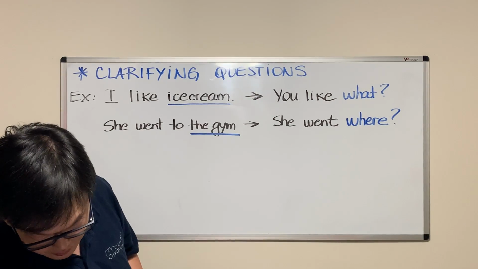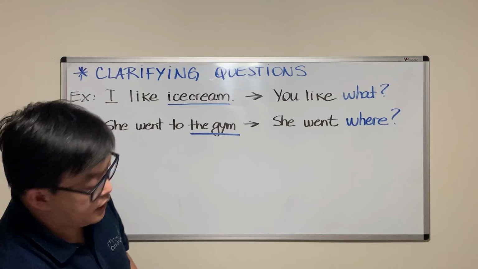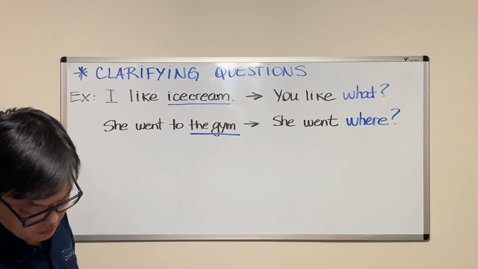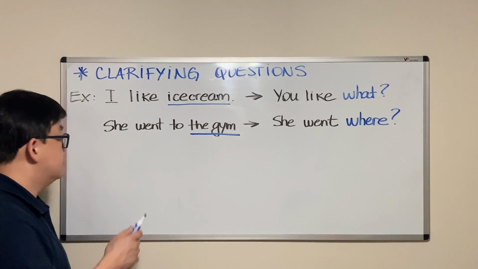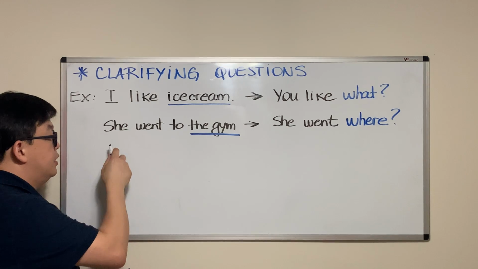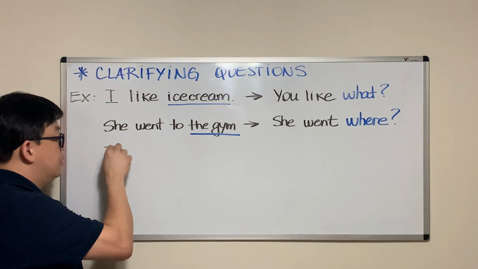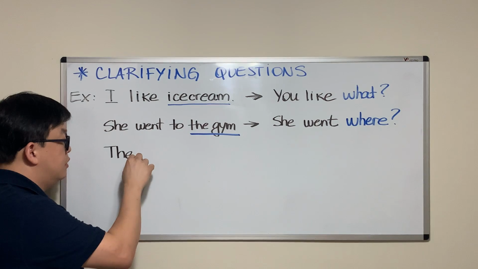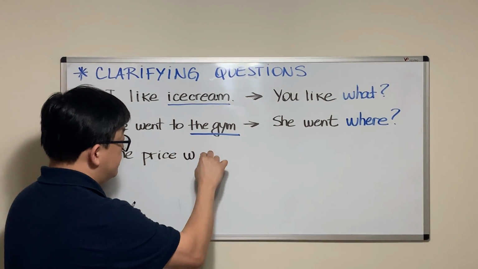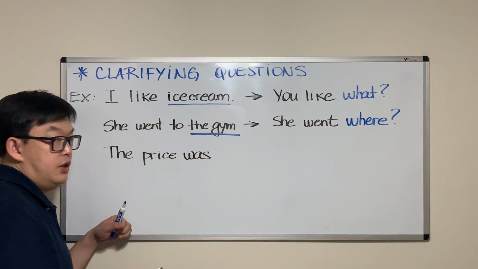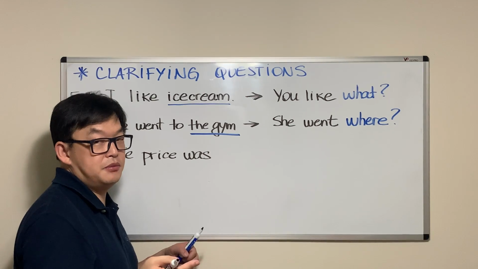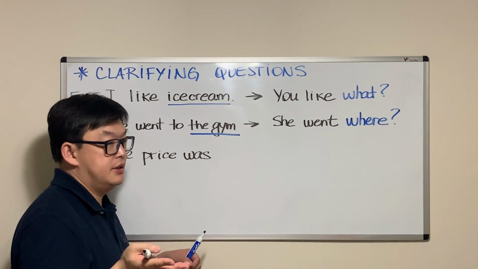Let's continue here. There are so many examples. For example, the price was... Let's say that you went to the outlet, not you, but I'm gonna say something here, you're not gonna like it, but please don't be offended.